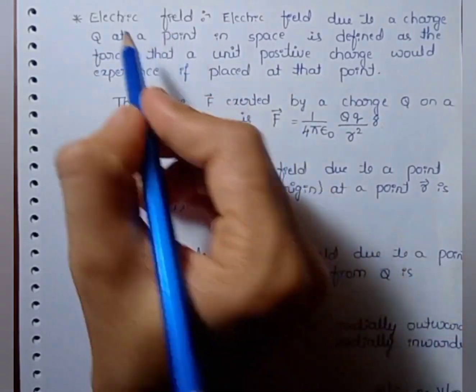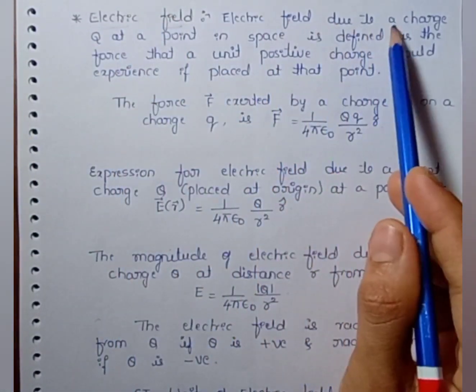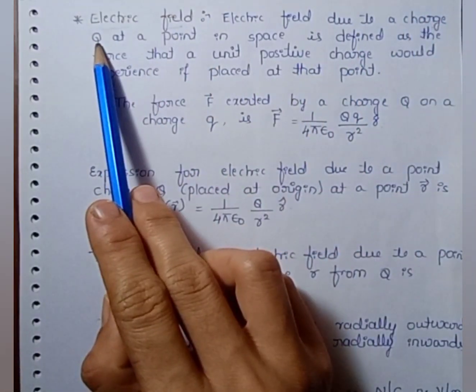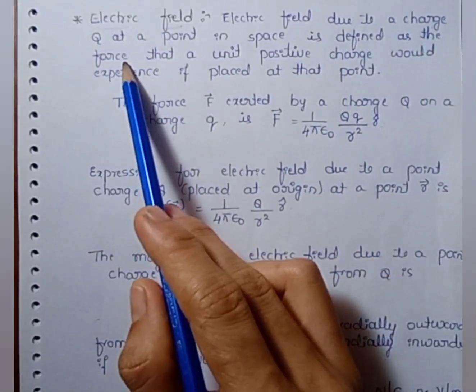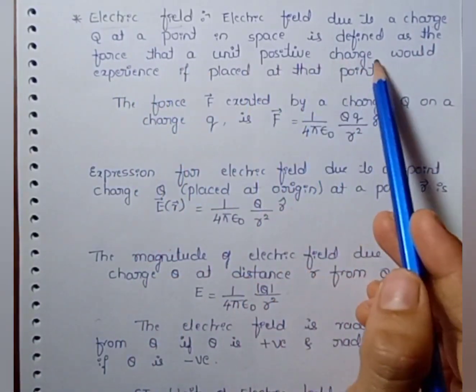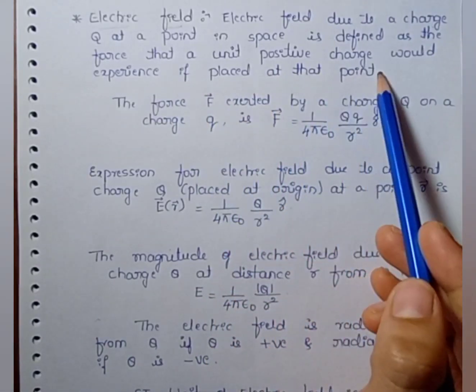Next concept is electric field. Electric field due to a charge Q at a point in space is defined as the force that a unit positive charge would experience if placed at that point.